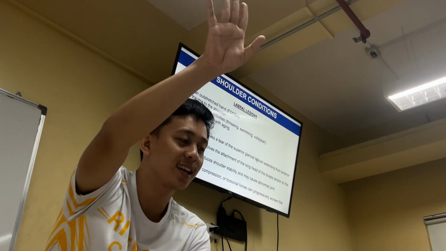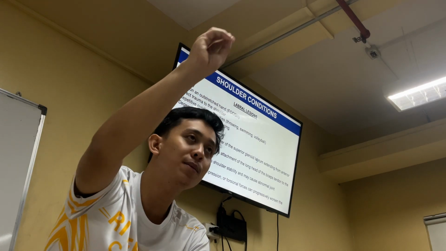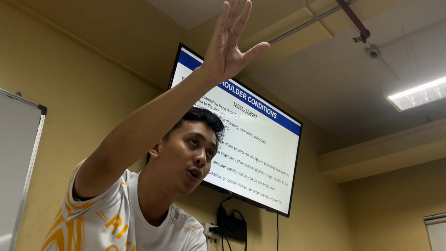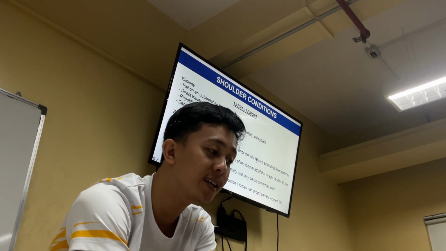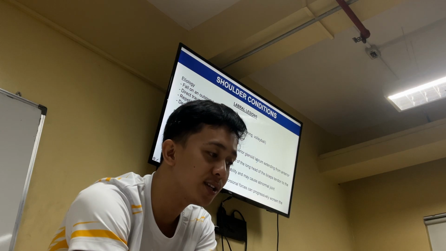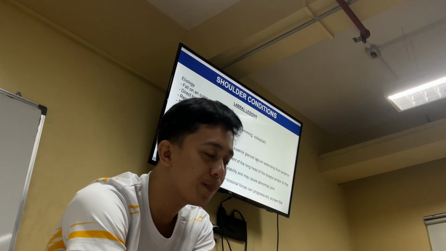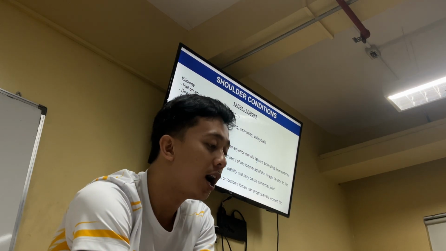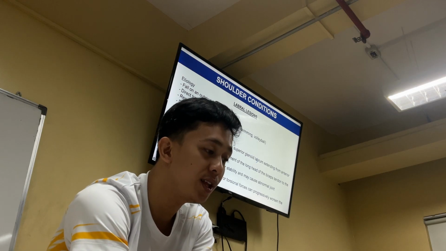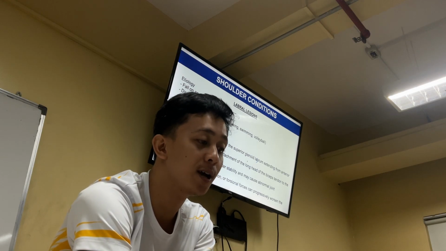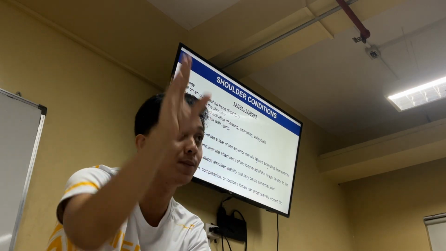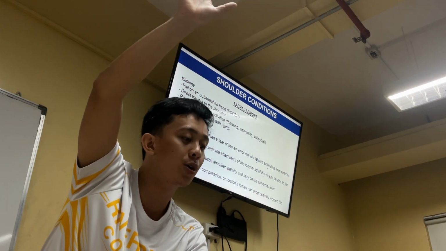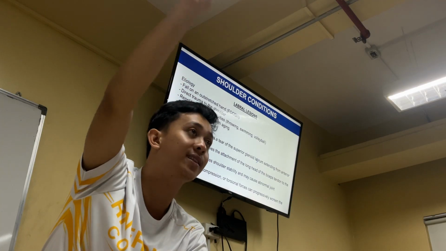Usually, the labral lesions etiology is the same: a fall on an outstretched hand, a direct push or trauma to the shoulder, repetitive overhead activities, and degenerative changes with aging. With the pathophysiology, a superior labrum anterior posterior lesion involves a tear of your superior glenoid labrum extending anteriorly to posteriorly. From the name itself, superior labrum anterior posterior.